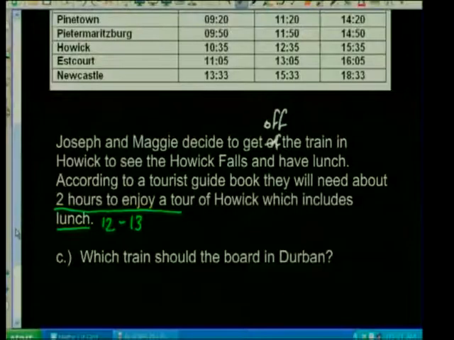And I know, guys, that sometimes those things throw you. What I want you to do is take a deep breath and think, well, what do they mean? And let me just tell them what I assume they mean. So tell the teacher, your examiner, what you have assumed. Because the question says, which train should they board in Durban?